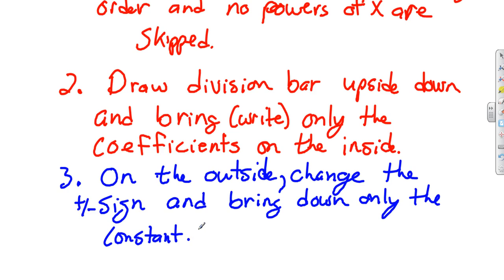So, if it's x plus 1, change it to a minus 1, and on that part, same thing. You're not going to bring down the x, you're only going to bring down the number. But the one thing you have to do is you have to change that plus or minus sign. A lot of times people will go through this one and they'll forget to change the plus or minus sign on the outside. They'll do everything else correct and they'll forget that one little thing and it's going to throw the whole thing off. Okay, oh, we're at the bottom of the page. All right, so this will have to go into the next page.